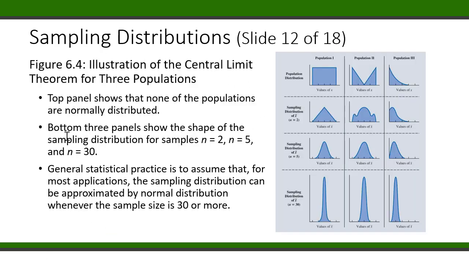In this slide, what it's showing you is the true population distribution for different types of populations, and what the sampling distribution looks like if you have a small n. Here they use 2, here they use 5, and then they went to 30. With 30, you can see how it approximates a normal distribution. So 30 is that magic number: you want a sample size of at least that much in order to approximate the normal distribution.